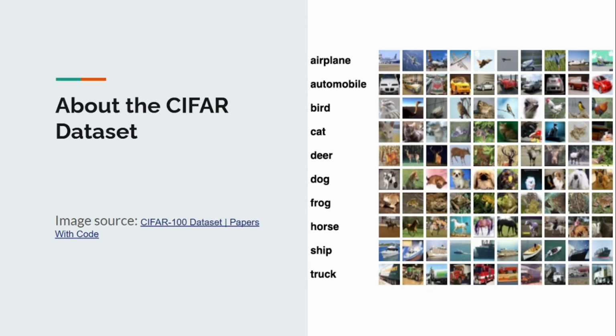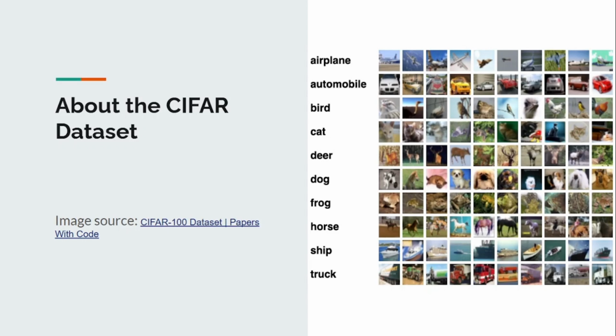An important detail about the CIFAR dataset is that its classes are completely mutually exclusive. For example, according to Dr. Nguyen, there is no overlap between the automobile and truck categories.